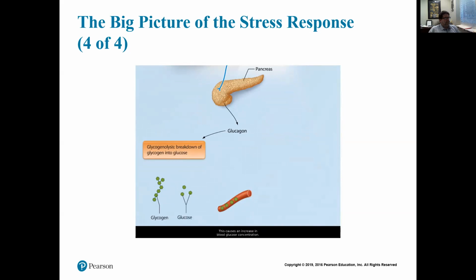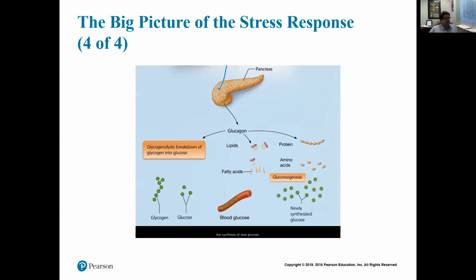This causes an increase in blood glucose concentration. Other effects of glucagon include the breakdown of lipids into fatty acids and glycerol, and, if necessary, the breakdown of proteins into amino acids. These products can then be used as metabolic fuel in oxidative catabolism and as precursors in gluconeogenesis, the synthesis of new glucose.